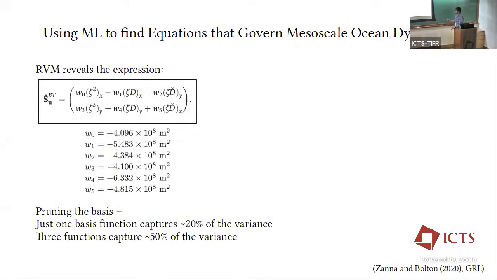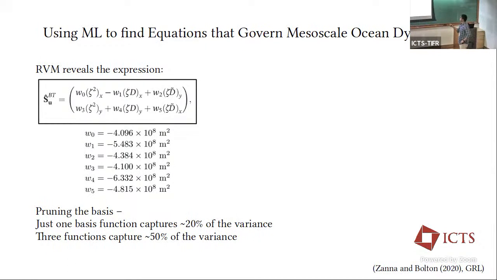Once they follow this approach and train their model on the barotropic idealized simulation, they found that this functional form for the X dimension and the Y dimension works pretty well.